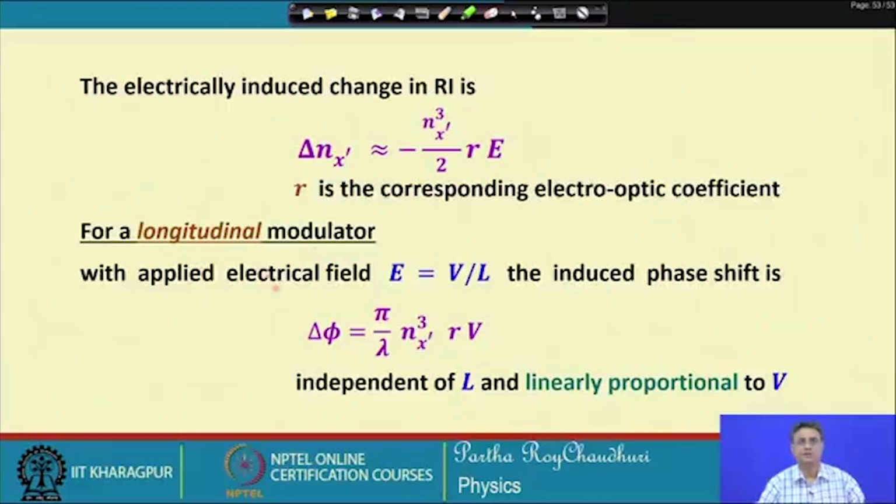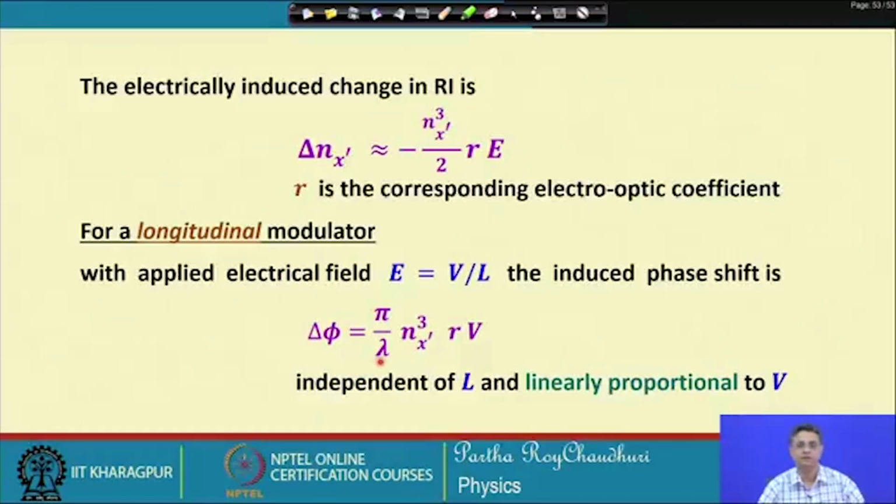For the longitudinal case, the phase change delta phi will be this multiplied by k 0 and the length of the crystal, where E equals V by L. If I write V by L into L, this gives the phase which will be modulated over the base phase related to n x, not n x dash. This phase is independent of the length L and is linearly proportional to V. So, as you modulate V, the phase will also be modulated.